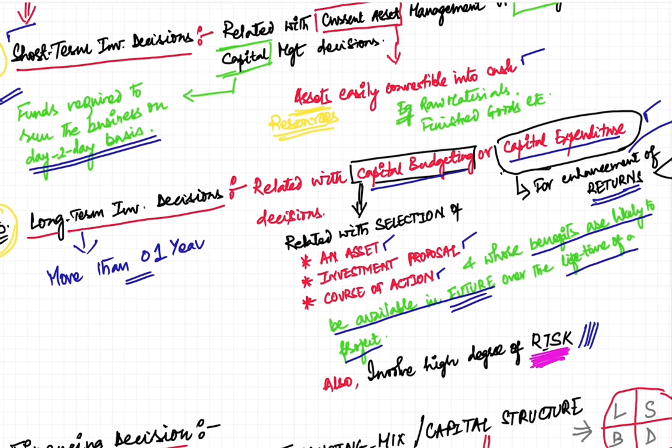These are decisions that are taken for deriving benefits which you are going to get for a longer period of time. That is the reason why it's called long-term investment decisions.